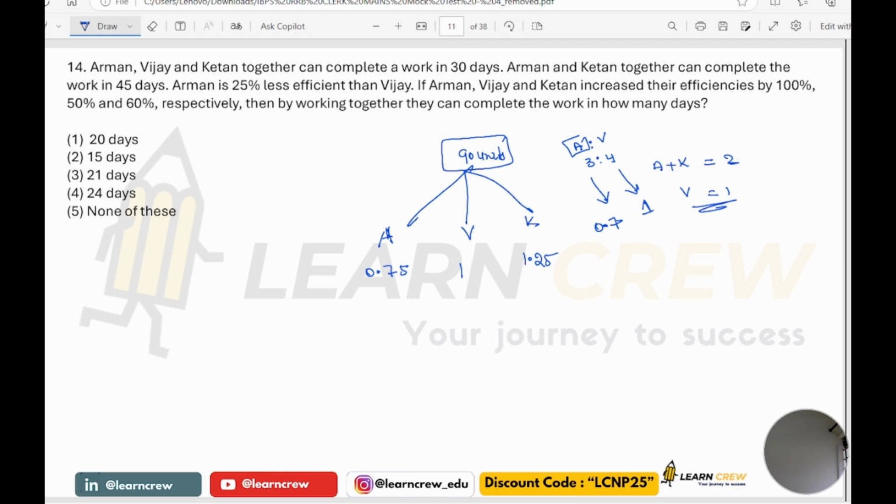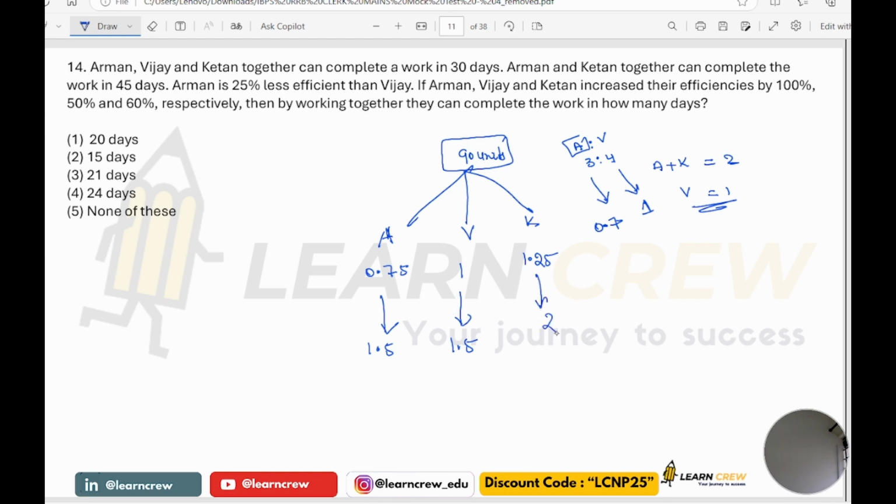Now Arman, Vijay and Ketan increase their efficiency by 100%, 50% and 60%. So 100% of 0.75 increased becomes 1.5. Vijay increased by 50% becomes 1.5. Ketan increased by 60%, what is 60% of 1.25?